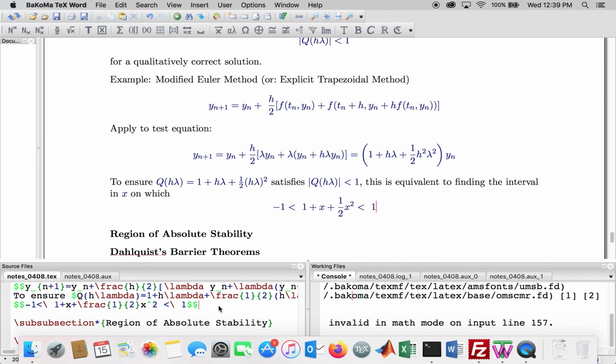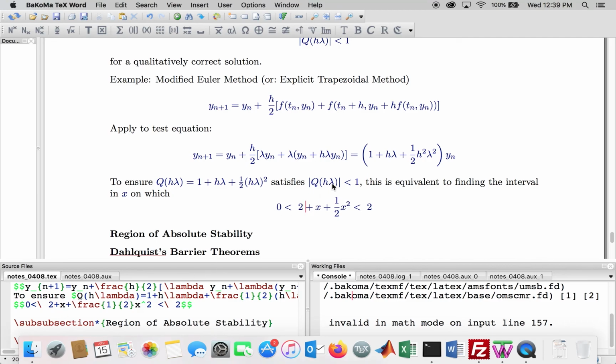Or what I could do is add 1 to all sides. So if I add 1 to all sides, then I get 0 here, and I get 2 here, and 2 here. Now keep in mind, x is h lambda.